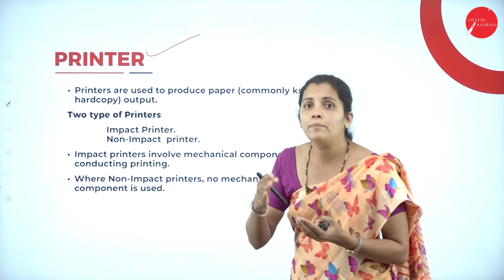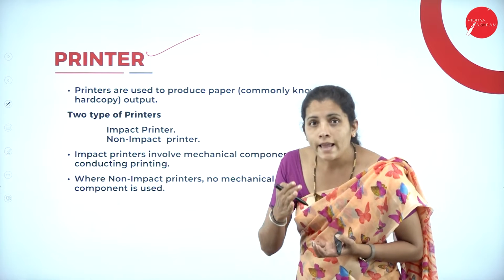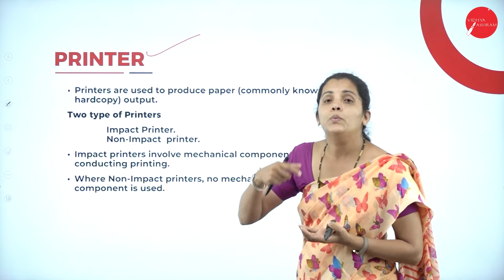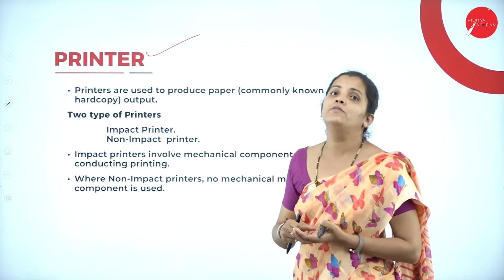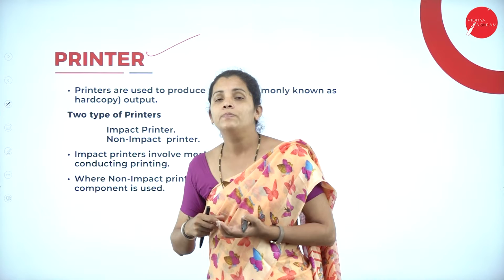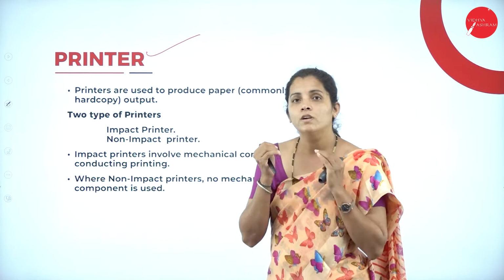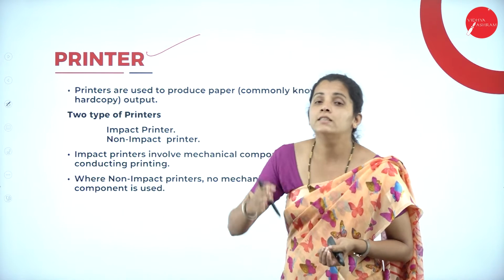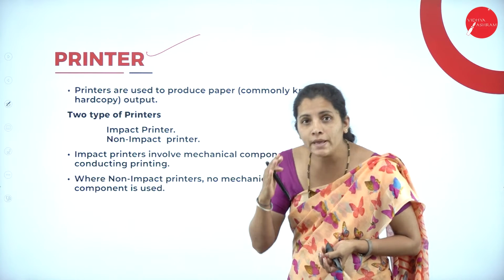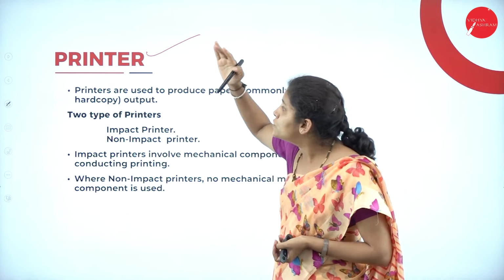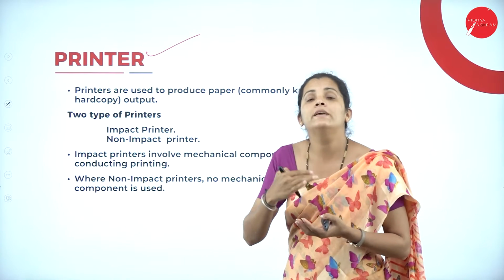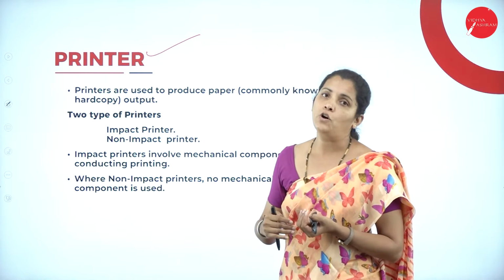We know that computer is an electronic machine which receives input from the user and processes all the input data. The returned result may be in the form of soft copy or in the form of hard copy.